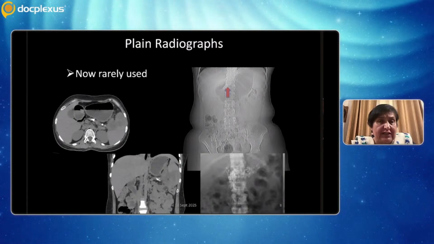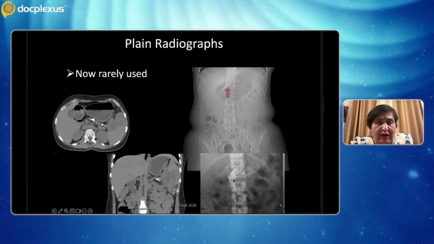They are of historical significance to some extent, but sometimes they are done. And in that case, we need to look for any radiodensities overlying the L1 vertebral body. And if these are more caudally placed on the right and more cranially placed on the left, that means they're obliquely placed like this, you should think of pancreatic calcification. And of course, pancreatic calcification is far better seen on CT than on a plain radiograph.